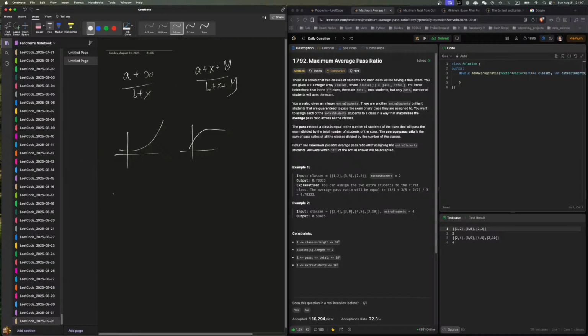So in this case, let's say we do this minus this. Okay, so we have, and then we have whatever's on the bottom. That matters if you want to see the rate.